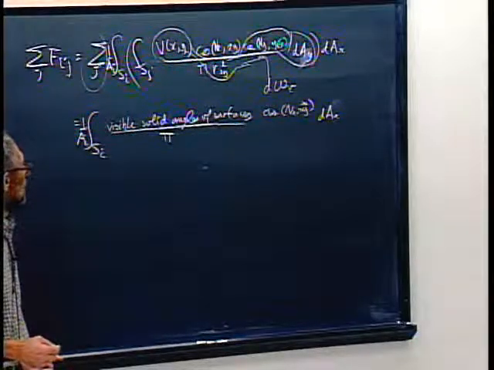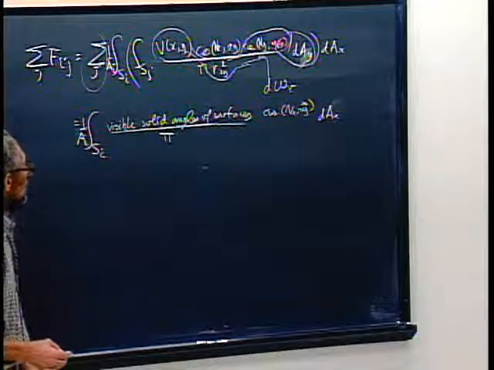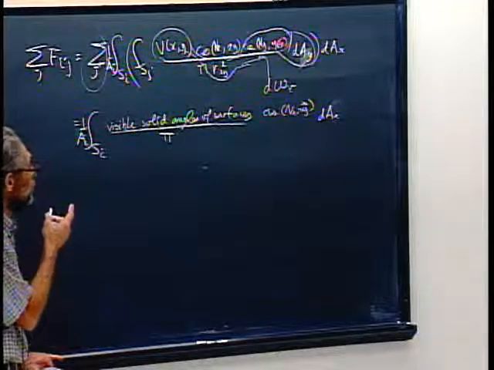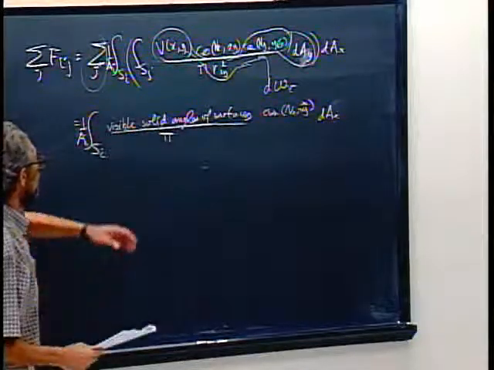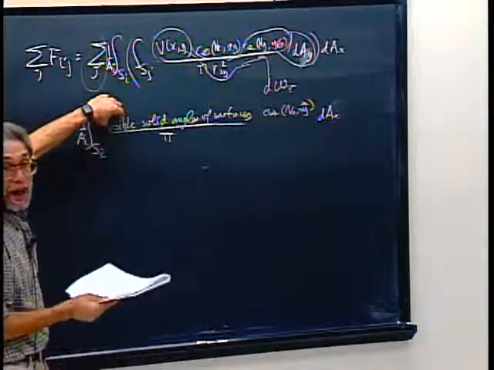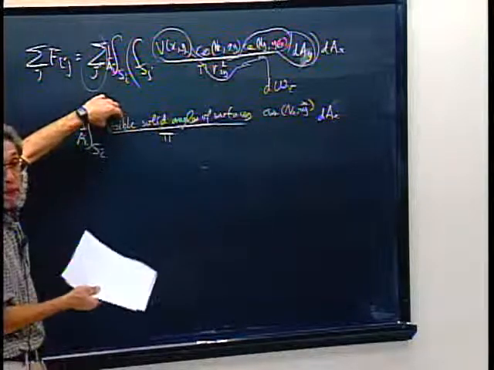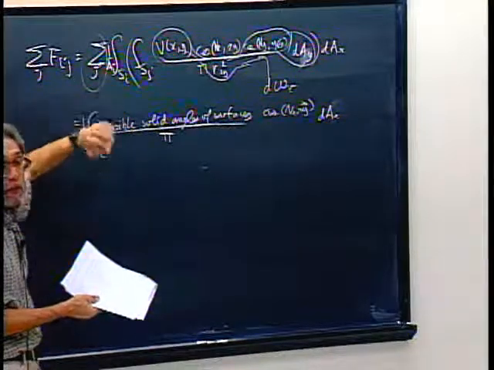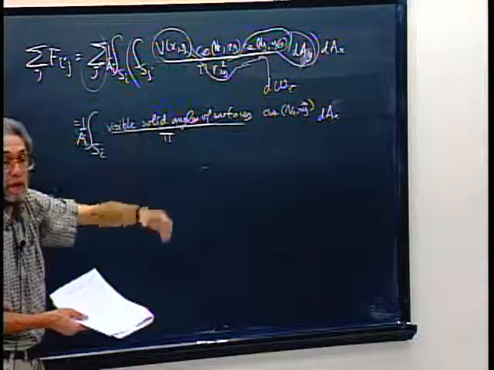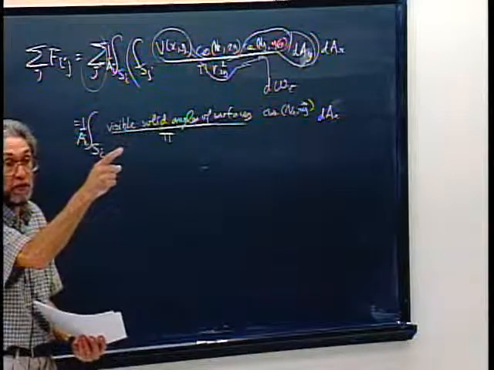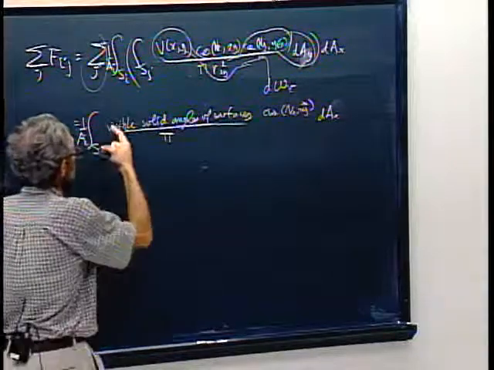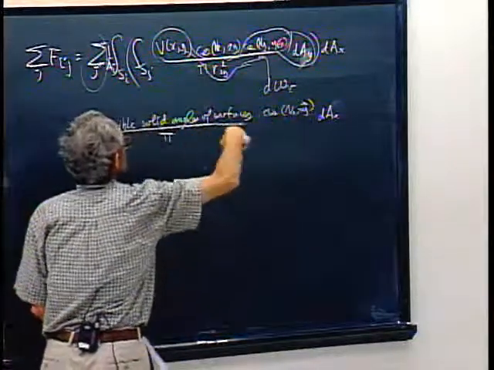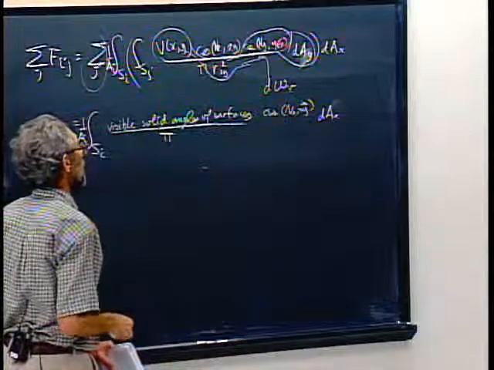And if all the surfaces were visible, this would just be the integral of all the solid angles weighted by the cosine, and that would be pi. If some directions don't hit a surface, and just go off into outer space, then this factor will be less than pi.